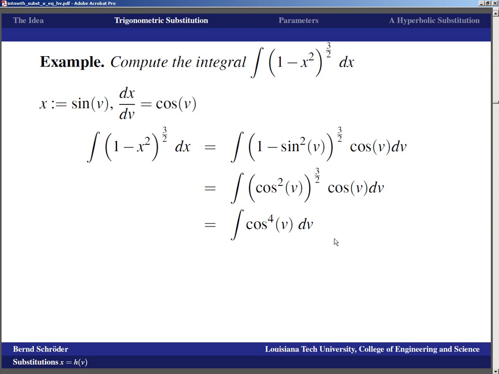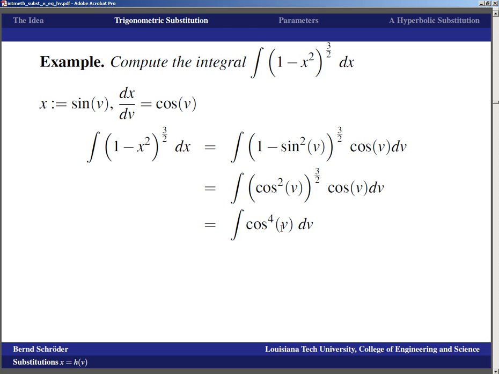and now we somehow have to figure out what the integral of the 4th power of the cosine is. That doesn't sound like it's that much better than what we started with, but it's really hard to do algebra with square roots and powers once it gets a little more complicated than just a polynomial.